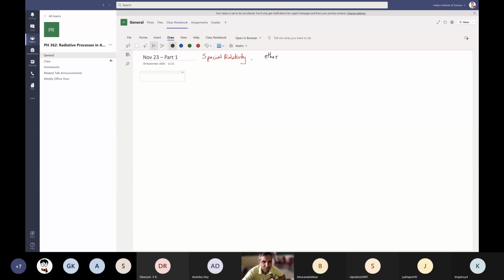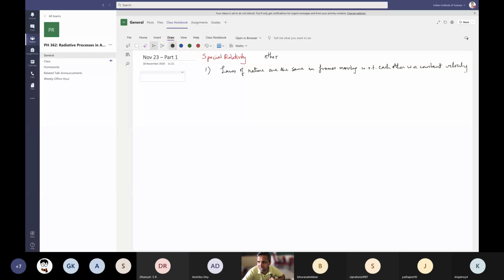Basically, there are two postulates of special relativity. The first is, of course, that laws of nature are the same in frames moving with respect to each other with a constant velocity.